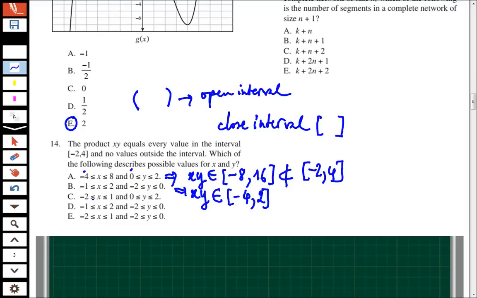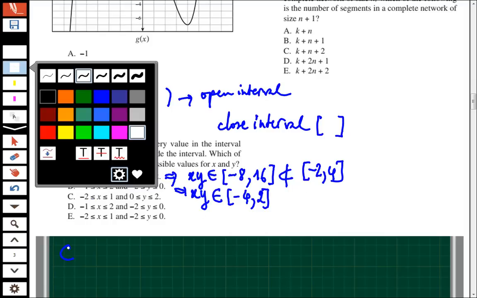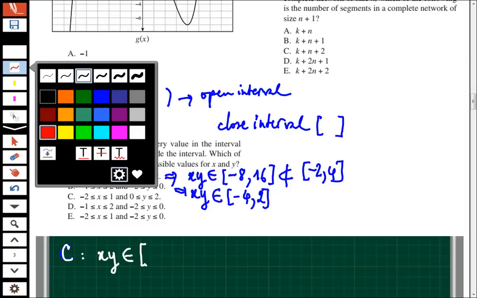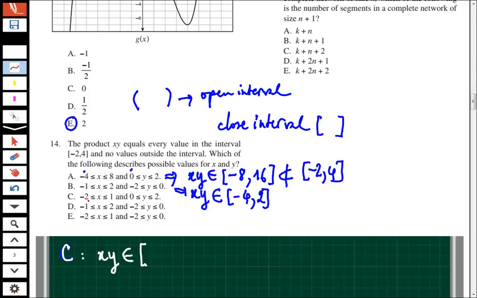Option C, x times y will be in the interval, changing to the red color, -4 and number 2. Eliminate.